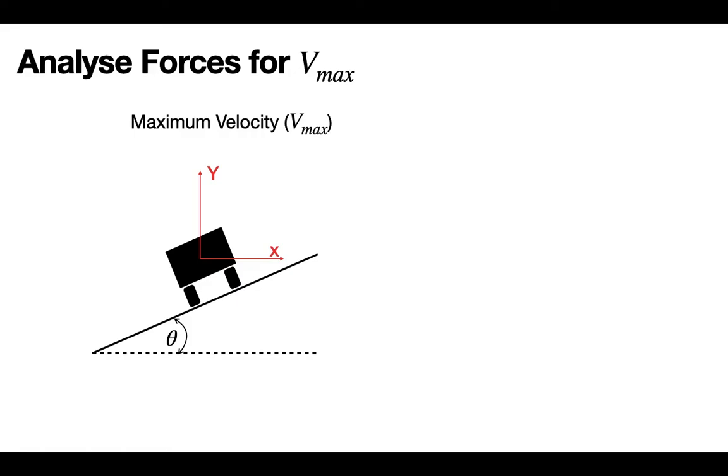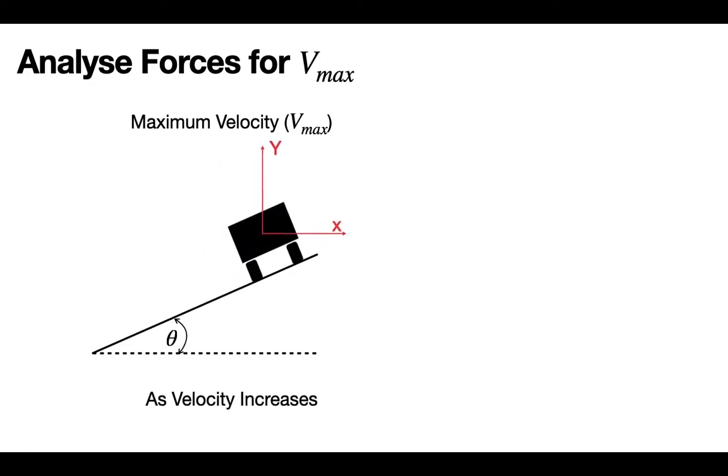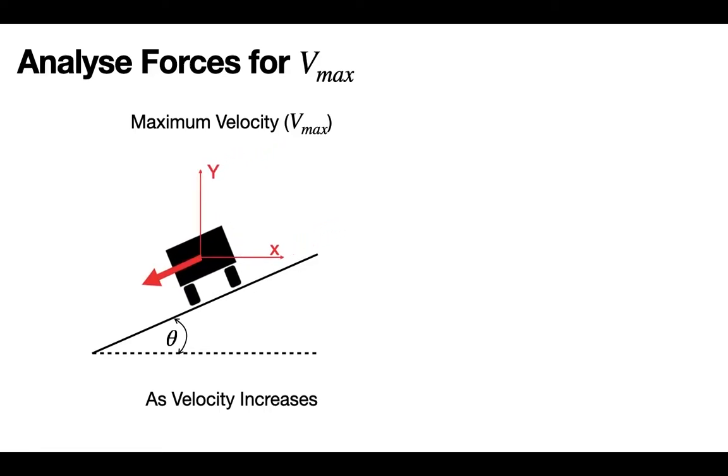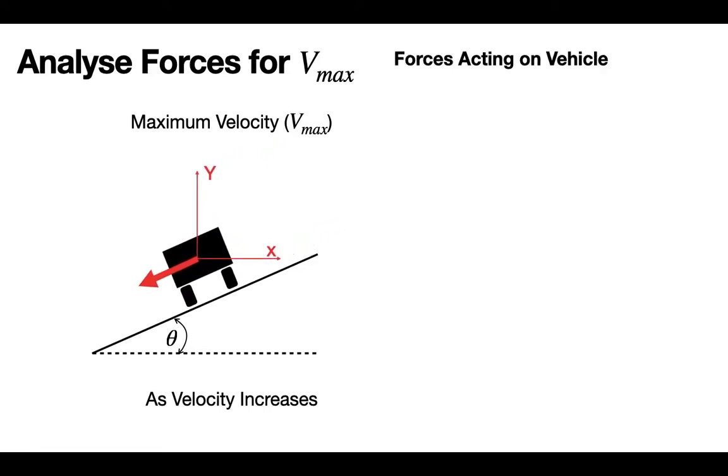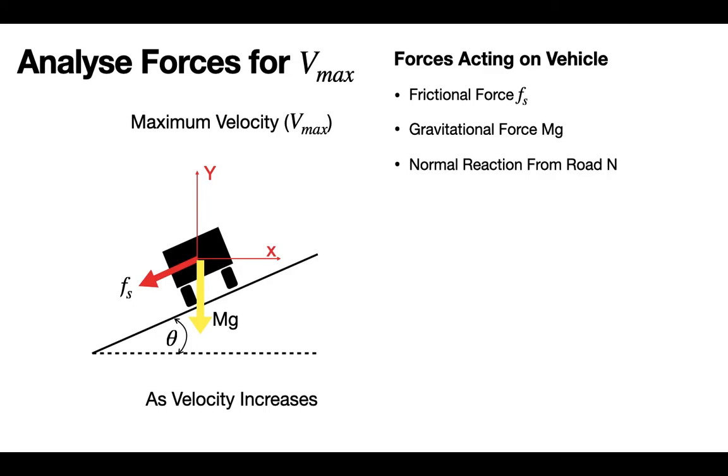Now let's analyze forces for Vmax. In case the velocity increases to the maximum, the vehicle tries to skid, but it's the friction force which brings it back and keeps it on the track. The forces acting on the vehicle are the frictional force Fs, the gravitational force mg, and the normal reaction from the road N. So these are the three real forces acting on the vehicle.